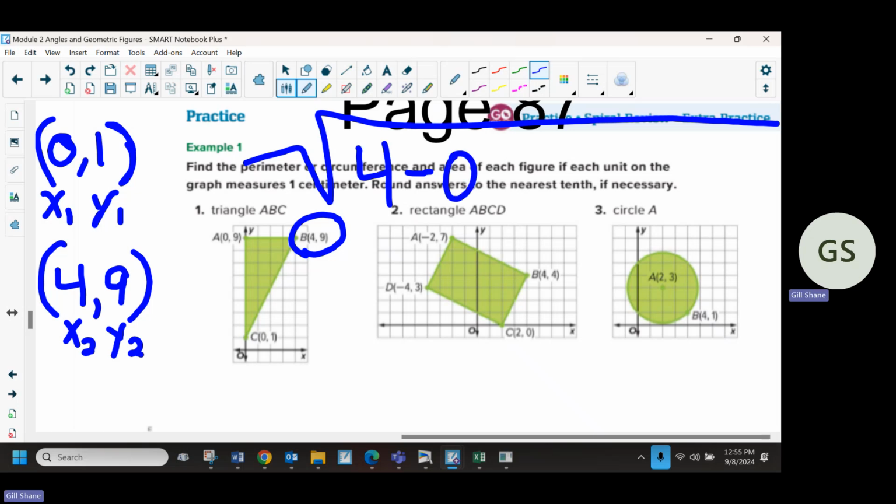X1 is 0. I need to square that because that's the formula. Again, you have the formula hopefully written down already on your own. Plus y2 is 9. Y1 is 1.